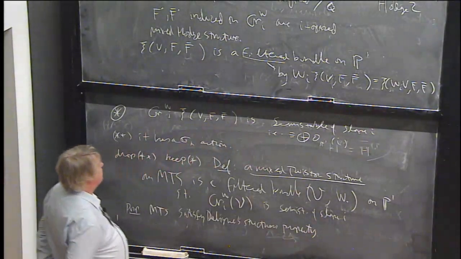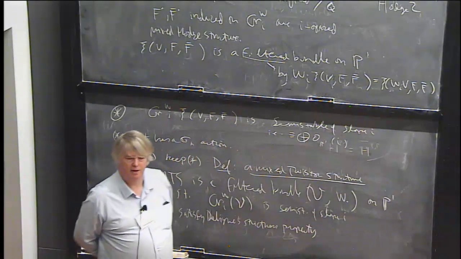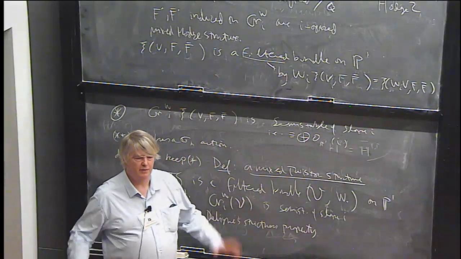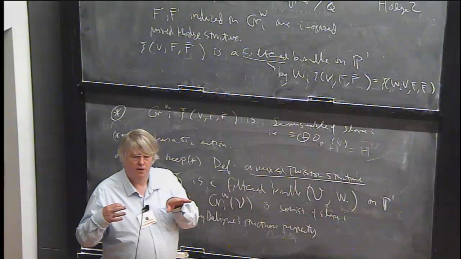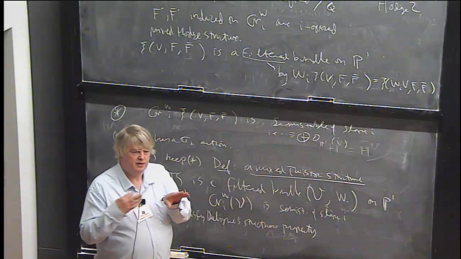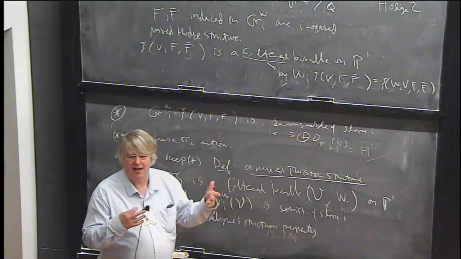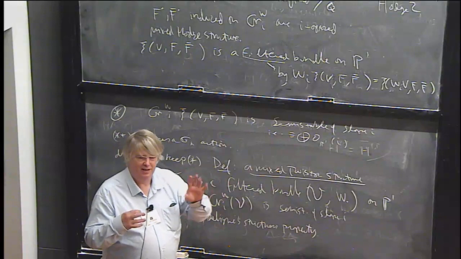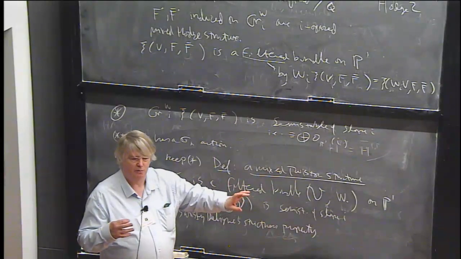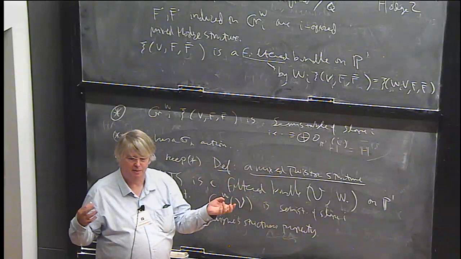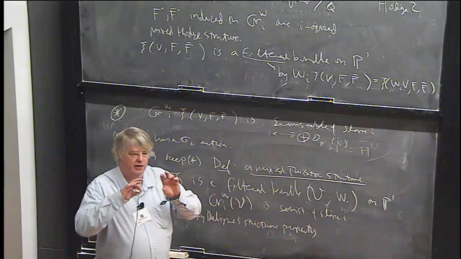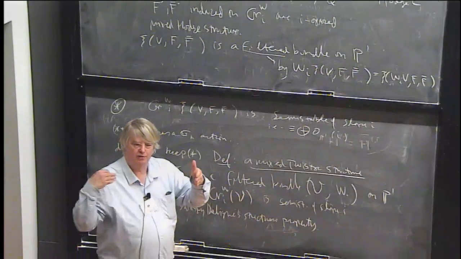Basically, this is because it's just the strictness property of semi-stable bundles, right? If you have two semi-stable bundles of the same slope and a map between them, that map can't vanish an extra amount at some points. It might have a kernel and a cokernel, but the kernel and the cokernel are also semi-stable bundles of the same slope, and the rank of the map stays the same at all the different points.